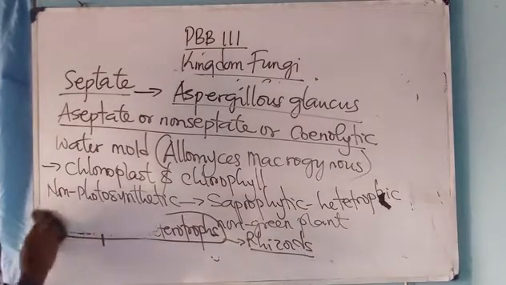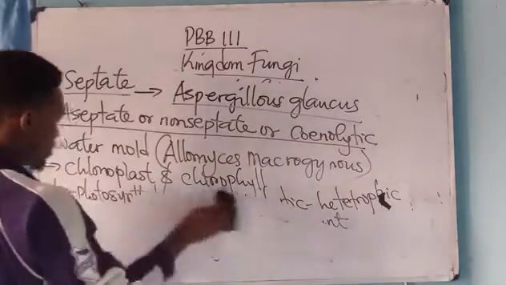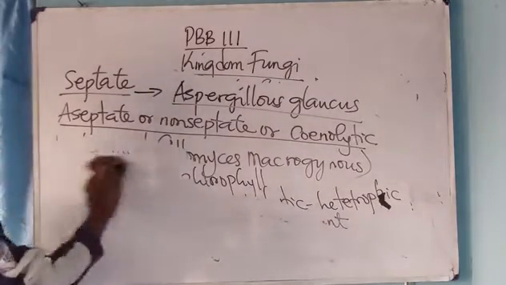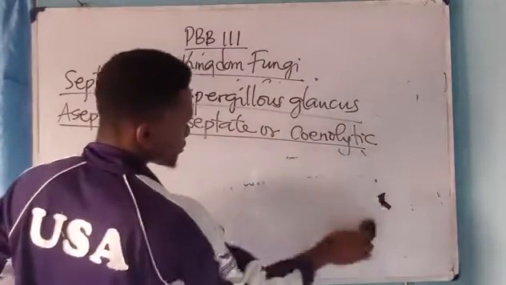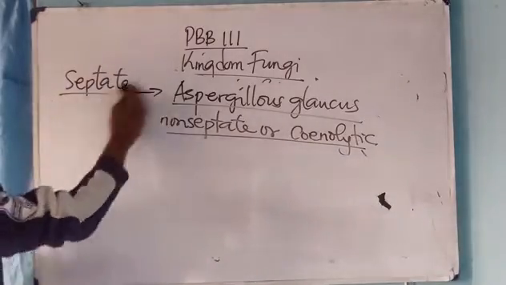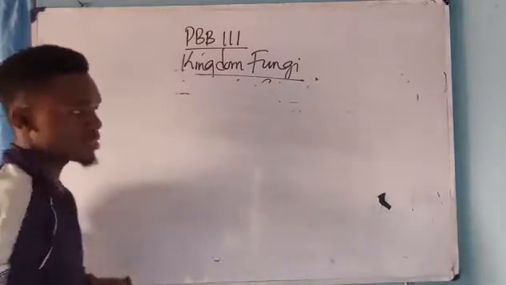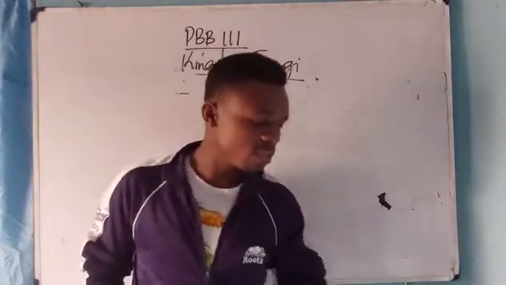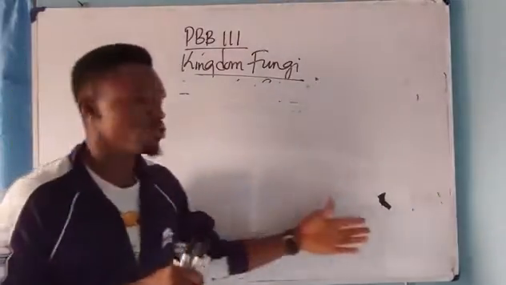Okay, they're also called heterotrophs because they require what? Energy. They require energy, also called chemoheterotrophs. Now we have the free-living fungi and we have the parasitic fungi. We have the free-living fungi and we have the parasitic what? Fungi. Now the free-living fungi, they depend on just normal nutrients, all right?